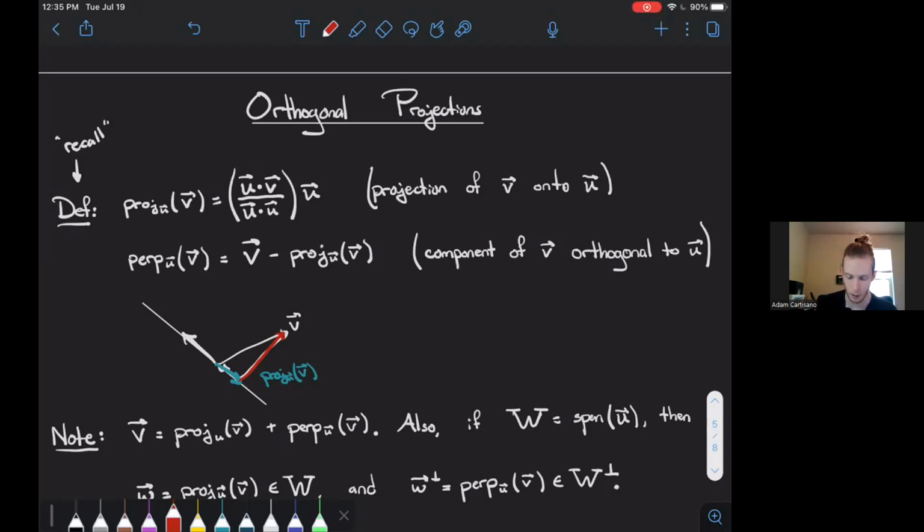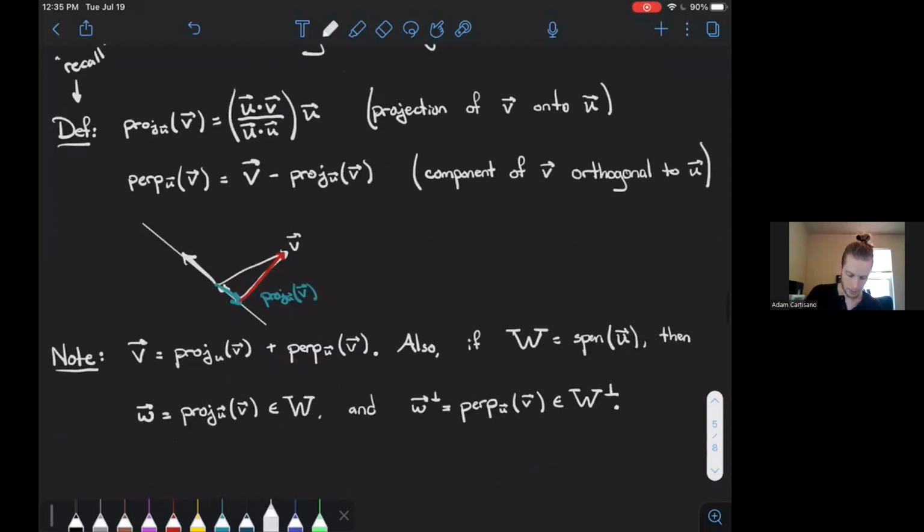It's called perp_u(v), the component of v orthogonal or perpendicular to u. You have to make sure perpendicular to what? To u. Since it was obtained through vector subtraction, if you add proj_u(v) to both sides, you can write v as proj_u(v) plus perp_u(v). And more importantly, proj_u(v) and perp_u(v) are orthogonal to one another.